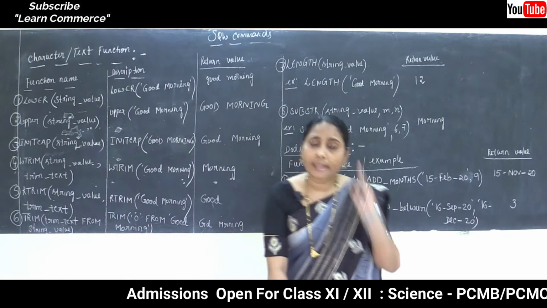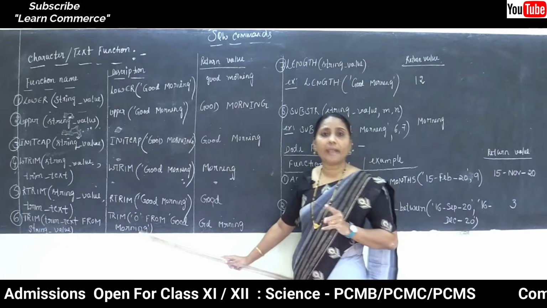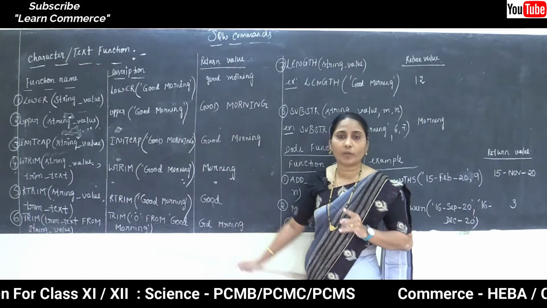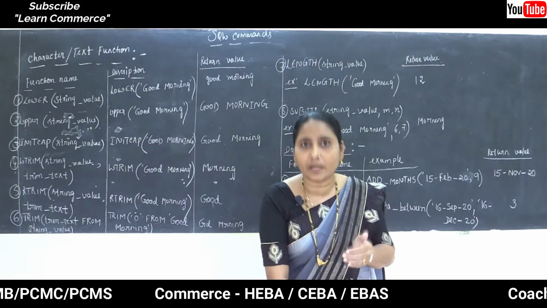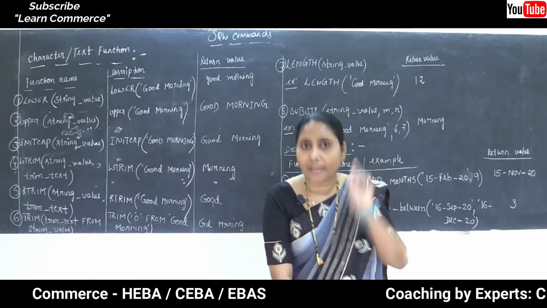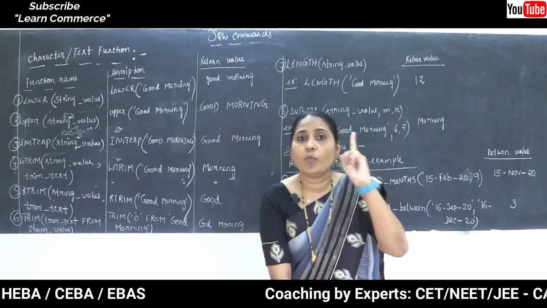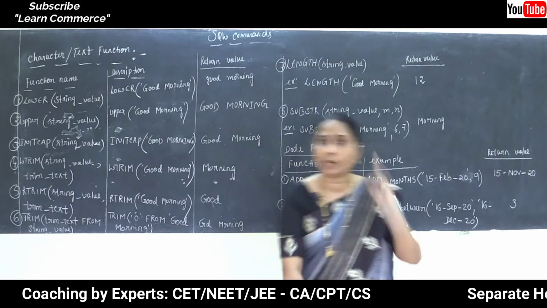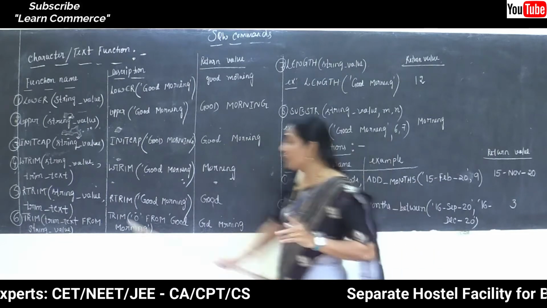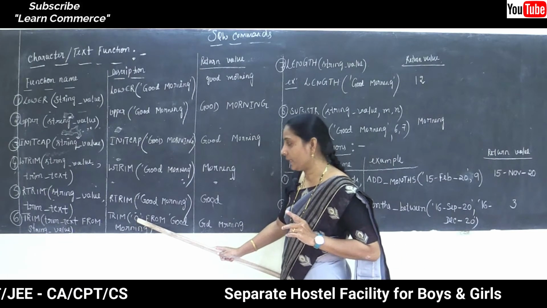So the character can also be one character long. Clear this point? Whatever character we selected as trim_text can also be one character only. Just one character you can select in our trim_text. So what character is selected in this example?